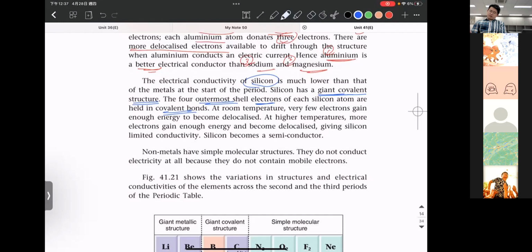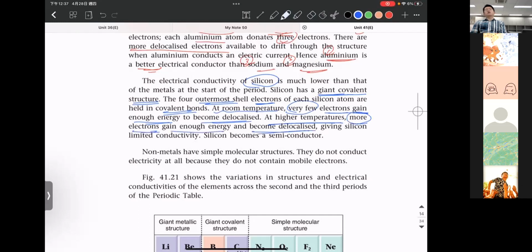But at room temperature, a few electrons will gain enough energy to become delocalized. This effect will be more obvious at high temperature, as more electrons gain enough energy to become delocalized.